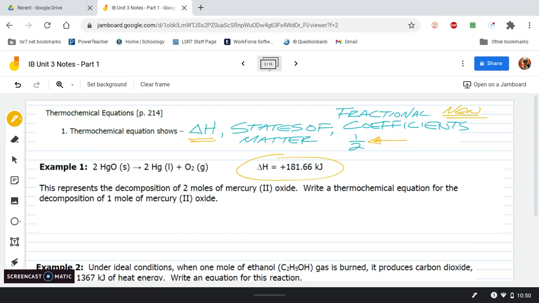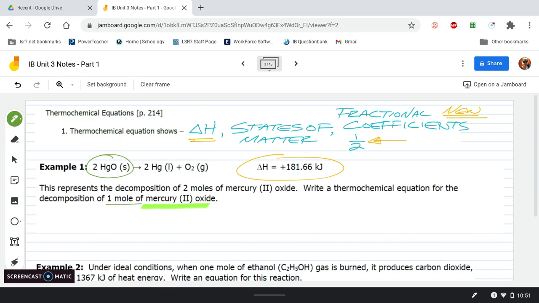It says, this represents the decomposition of 2 moles of mercury(II) oxide. Write a thermochemical equation for the decomposition of 1 mole. So what we're doing is we're going to reduce one of the values to 1. That is going to be this mercury(II) oxide, so we find that up here, and it is right here.